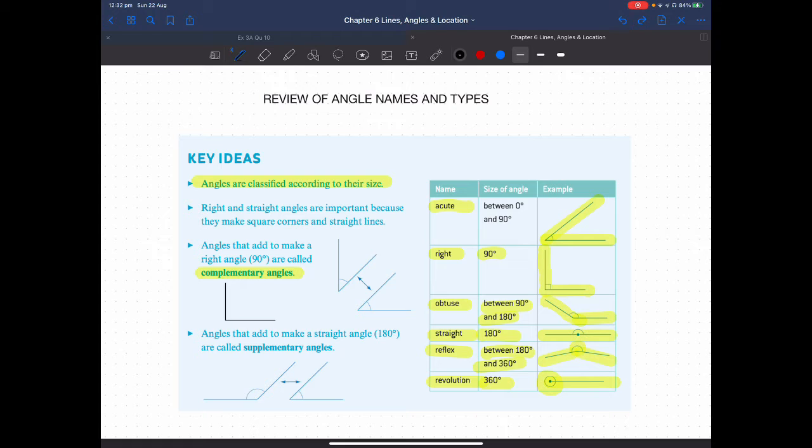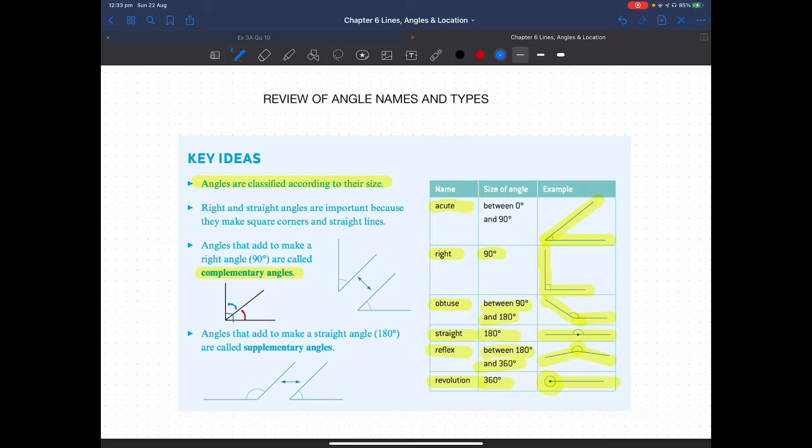Now what I'm going to do is draw a third line. Now, in red, I'm going to mark in one angle. In blue, I'm going to mark in the other angle. The red and the blue angles are complementary, because if you join those angles together, you will get a right angle, 90 degrees.